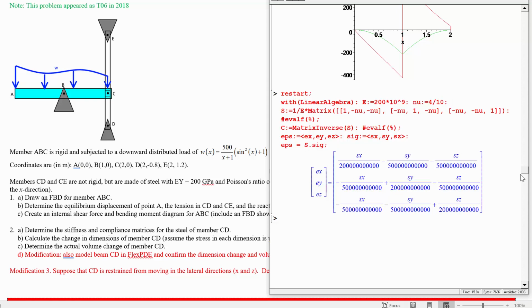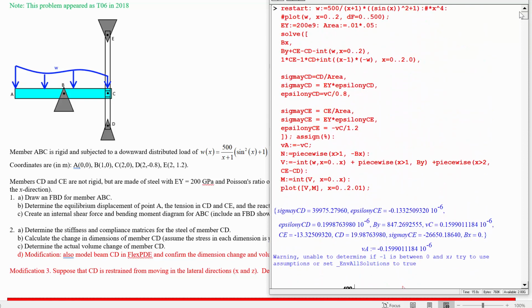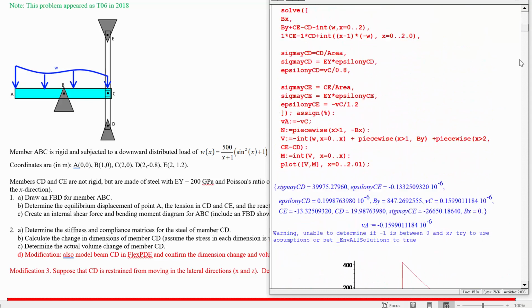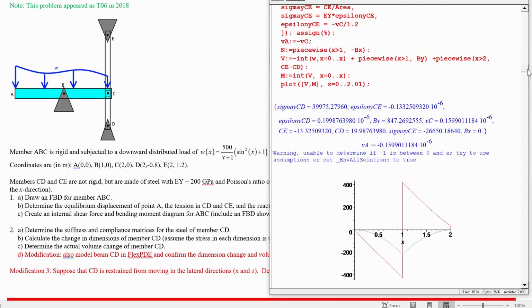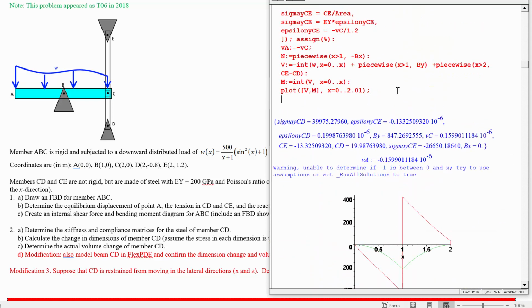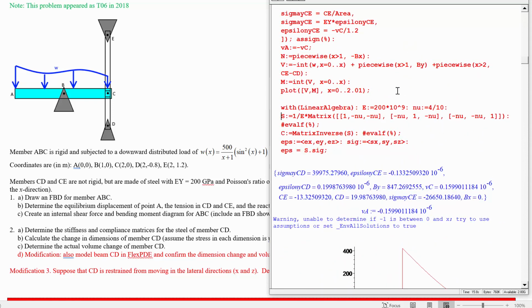So in the case of this particular problem, what we can do is take all of this, put it after these things, and then write out, I wonder, we've got E assigned there.